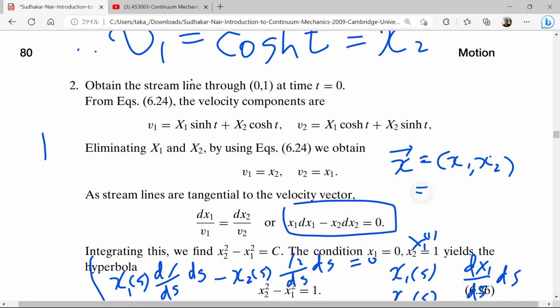So we consider x1 is a function of some parameter s, x2 is also a function of parameter s.